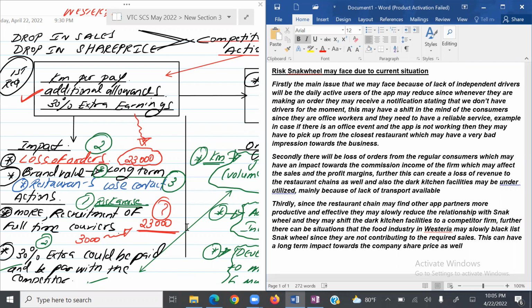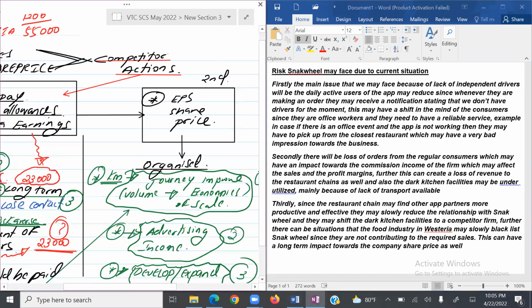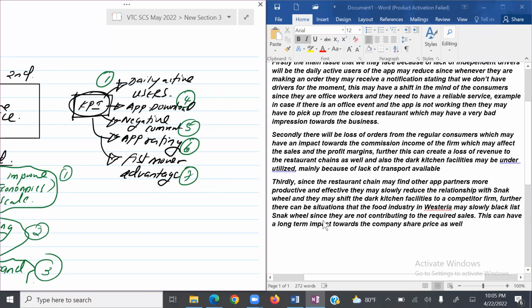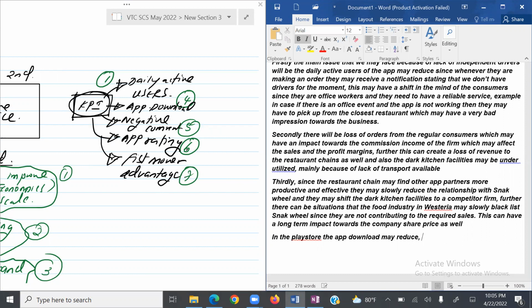Now let's come to the fourth point, students. Now the fourth point is going to be a little easy. In the Play Store, the app downloads may reduce, and further in the app comments, the consumers may share the experience as well.